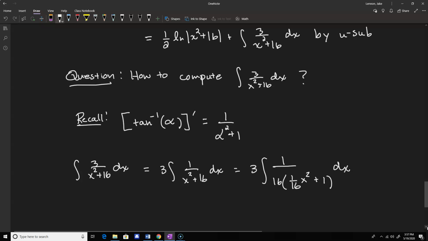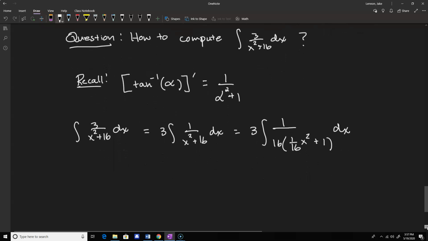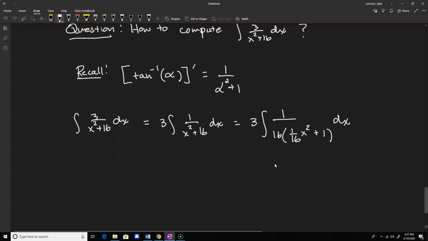Now I'm going to take the 16 out, so now I have a 3 over 16 outside the integral, and I'm computing the integral of 1 over, and instead of 1 over 16 x squared, I know 1 over 16 is 1 over 4 times 1 over 4.